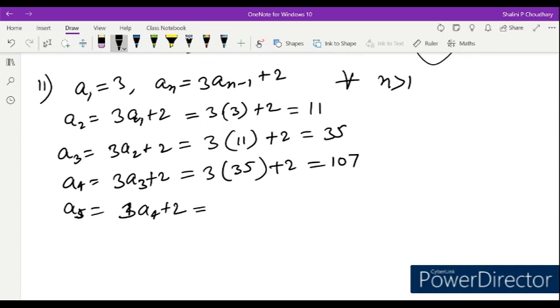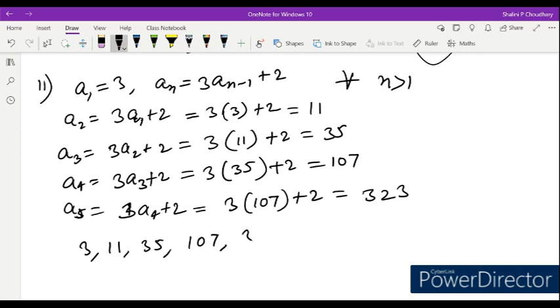And now 3 into 107 plus 2, 321 plus 2 is 323. Okay, so the first five terms will be 3, 11, 35, 107, 323, and so on.